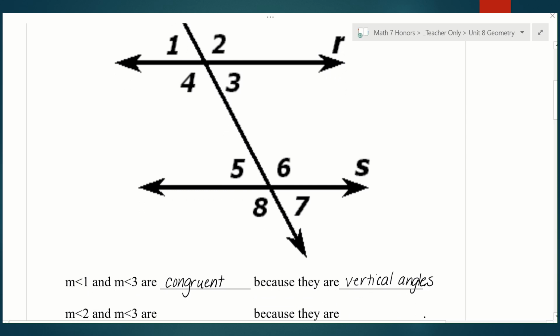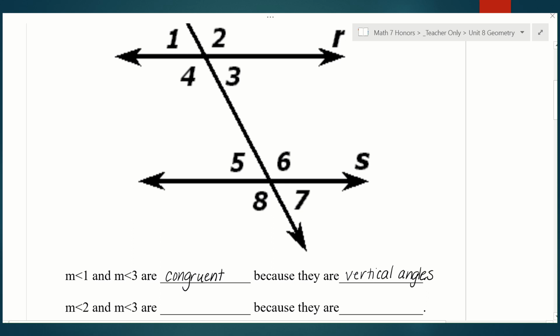How about the measure of angle 2 and the measure of angle 3? Looking at your diagram, you can see that the measure of angle 2 is obtuse, and the measure of angle 3 is acute. As soon as you see that they are not both acute or not both obtuse, they cannot be congruent.